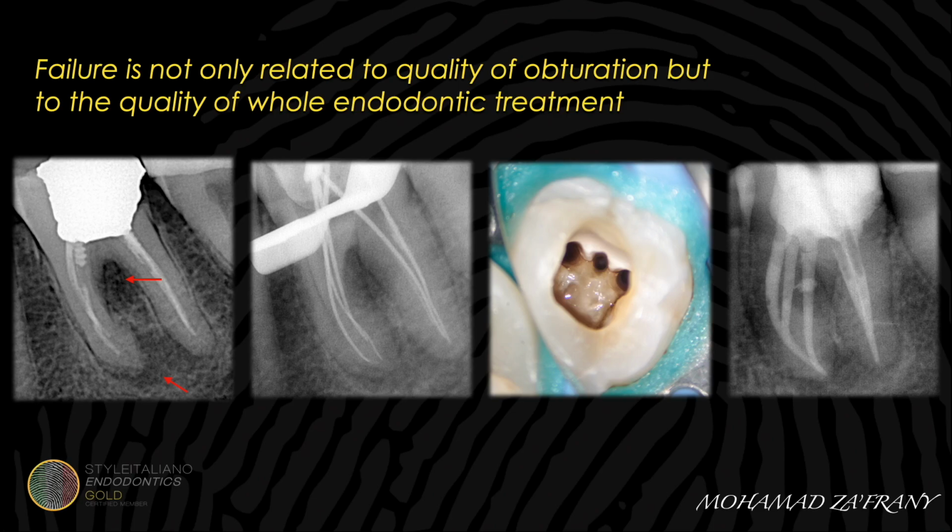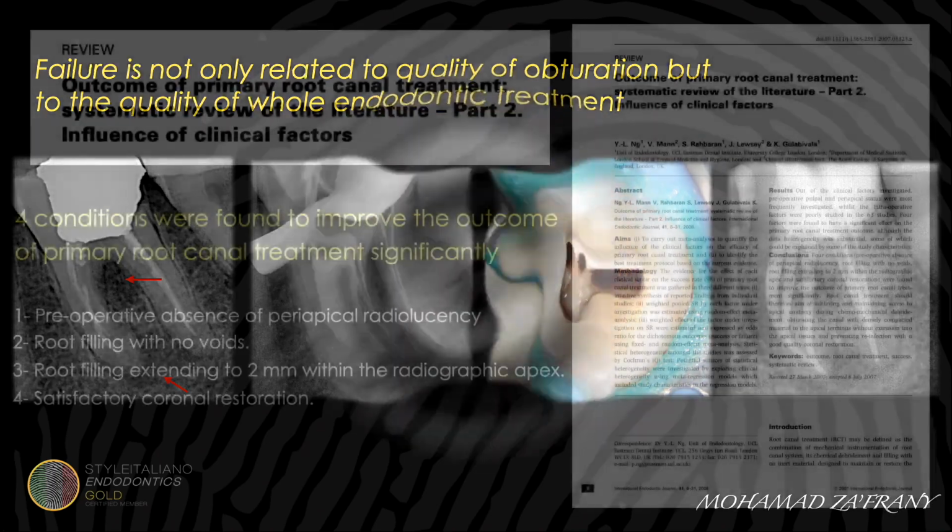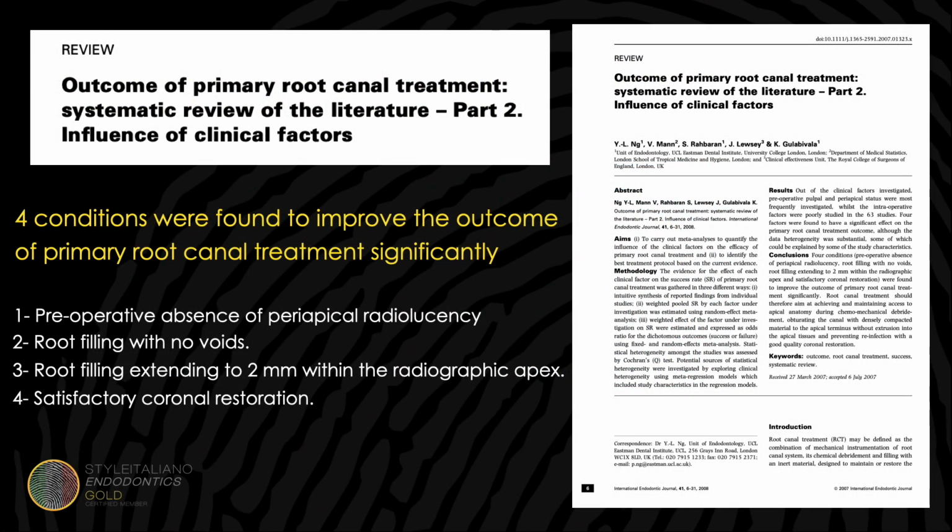That's why it is very important to do all the treatment, starting from the access to the final restoration, in a proper way to improve the outcome of the treatment. In 2007, a systematic review about the outcome of primary endodontic treatment showed that 4 conditions would improve the outcome of the treatment, including the preoperative absence of periapical radiolucency, root filling with no voids, root filling extending to 2 mm within the root apex, and for sure satisfactory coronal restoration.